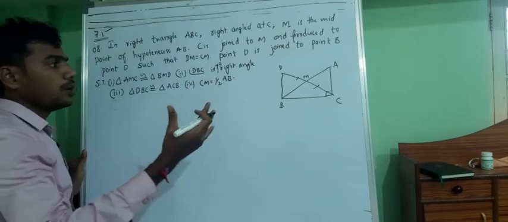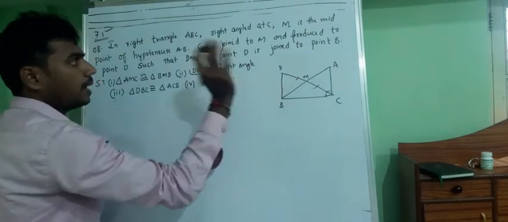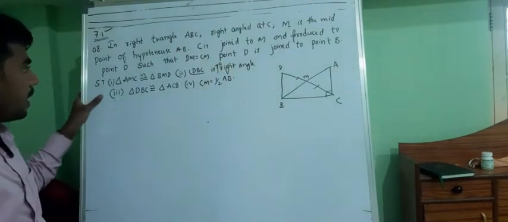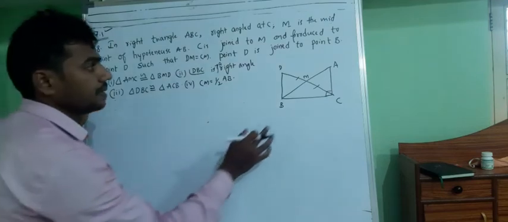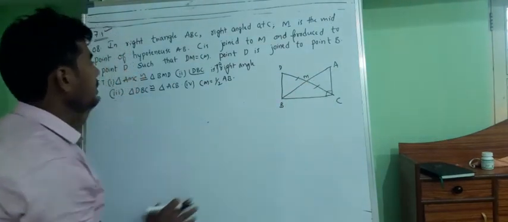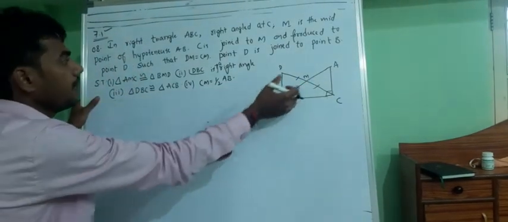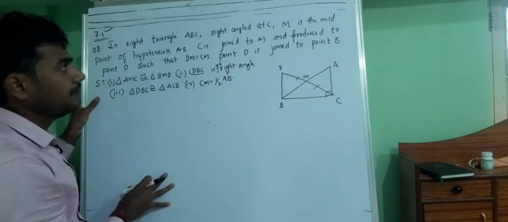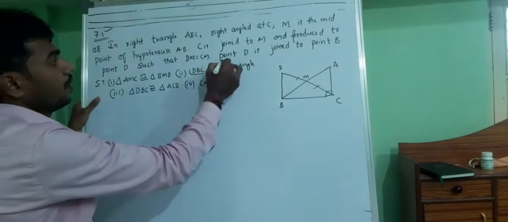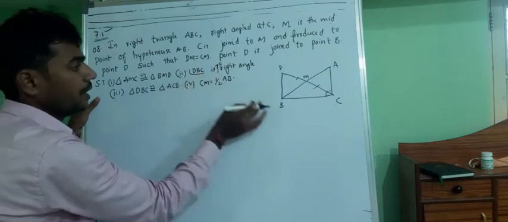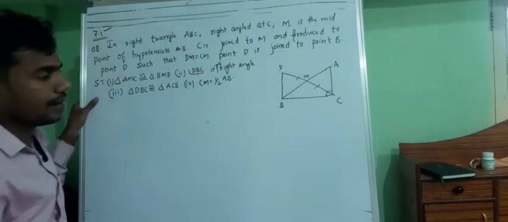Point D is joined to point B. Show that triangle AMC is congruent to triangle BMD. Fine. Next, we need to show DBC is a right angle.